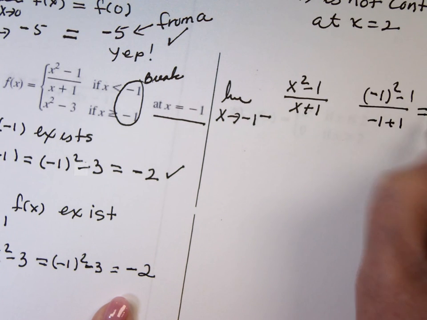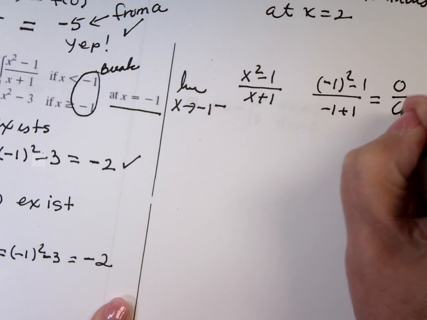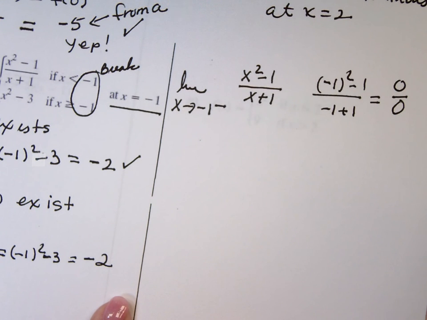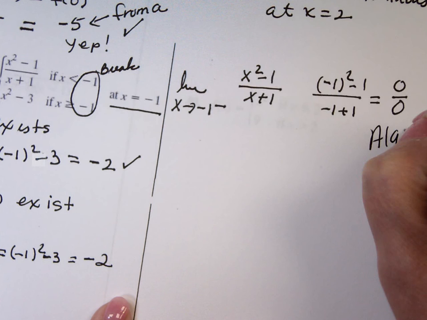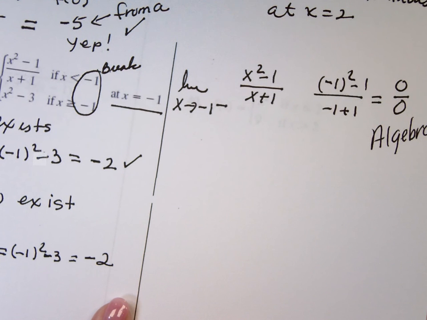What do I get? Which means algebra. Now, if I had a number over 0, that means I have a vertical asymptote. I'm done. There's no way those two are going to meet. But that says he's not a vertical asymptote. What is he? He's a hole.